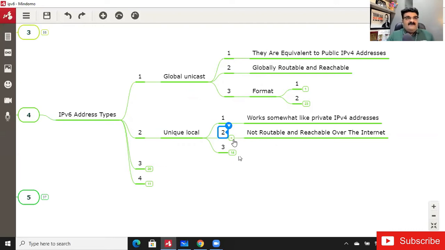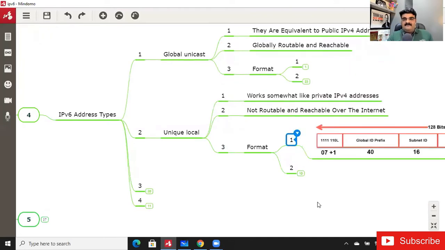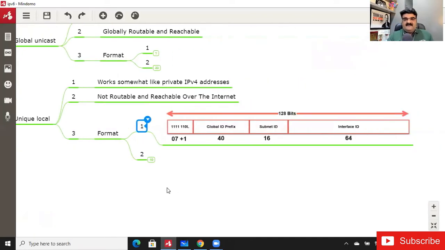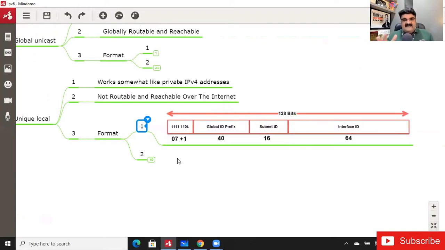Good evening Prakash Kumar. Now what is the format? How can I identify that an IP address is a unique local address? This is the structure, and the first 7 bits are decided: 1111110.